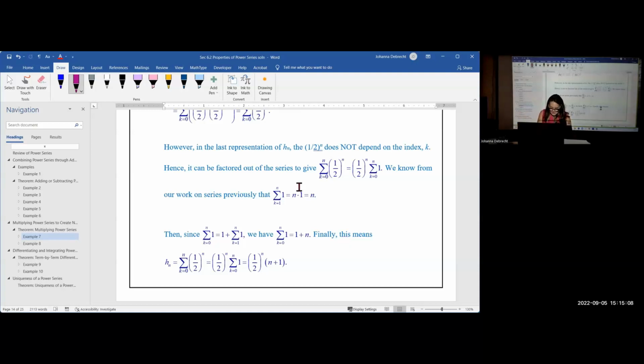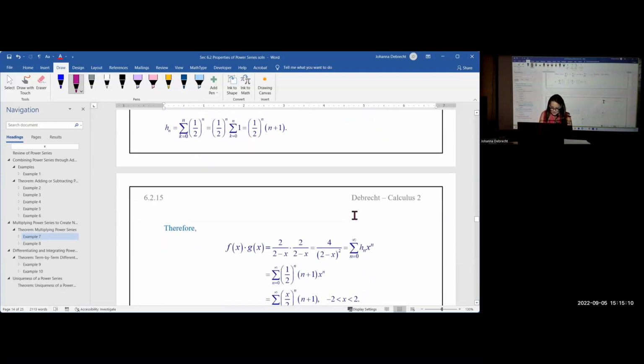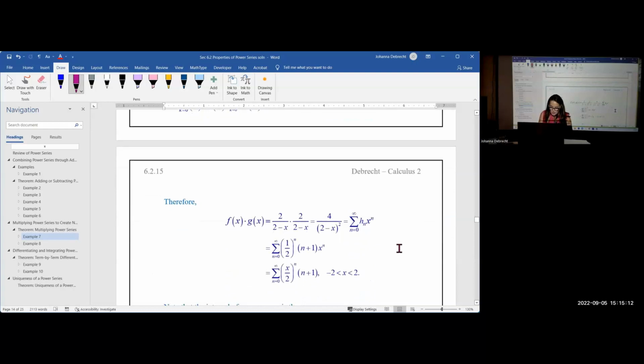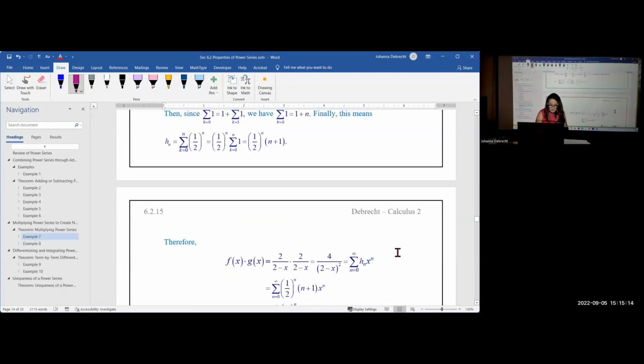All right, so now what are we going to do with this H sub n? We're going to take this H sub n and substitute it into what we did for f times g. Remember, f times g was the function times itself, 2 over 2 minus x, which gave us 4 over 2 minus x quantity squared.